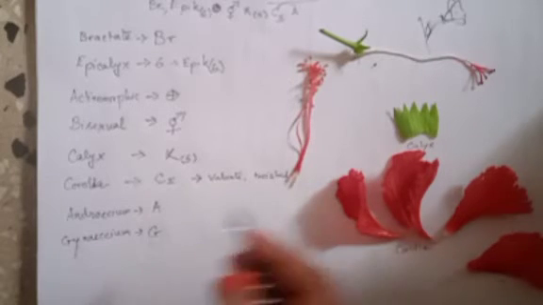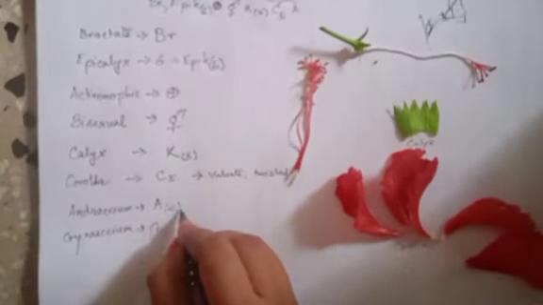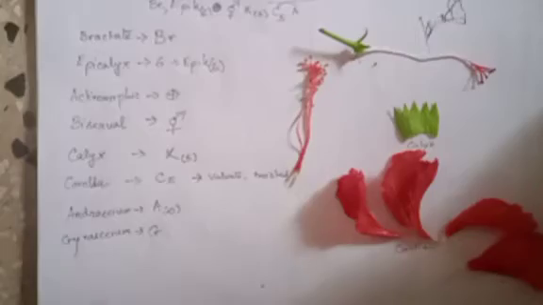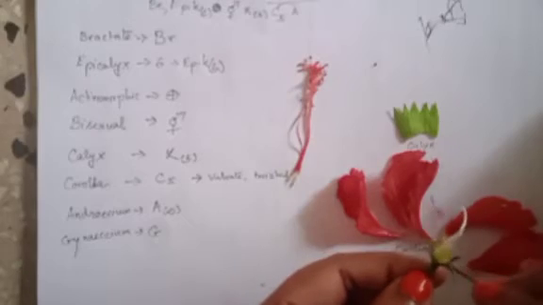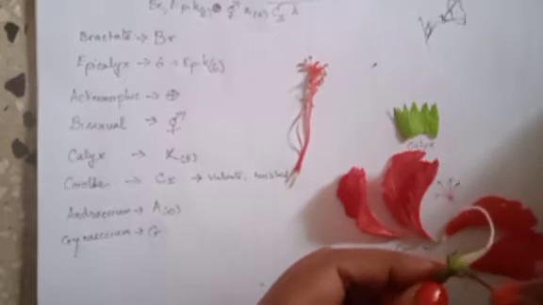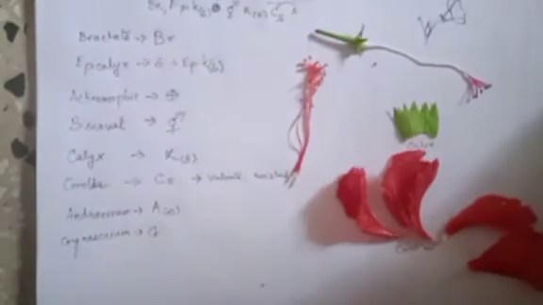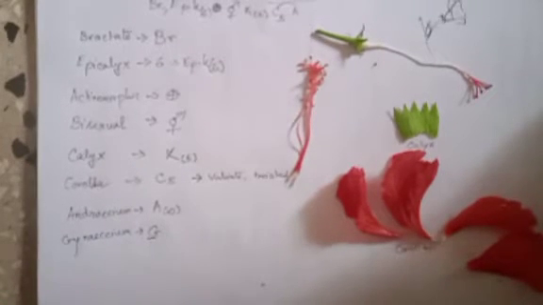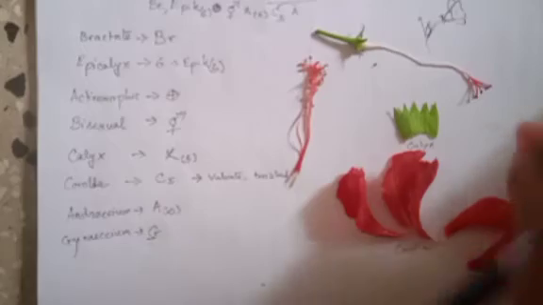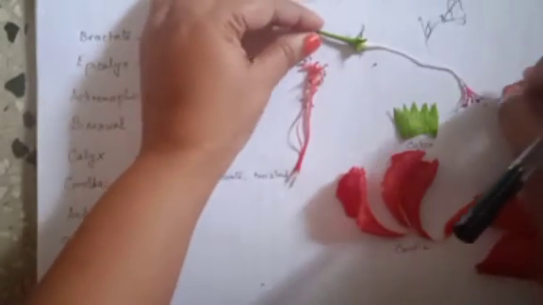So as I said, androecium is infinite. And what about the gynoecium? Gynoecium, you see, the ovary is above. The ovary is above. So I can say gynoecium is superior ovary. And there are 5 stigma present.